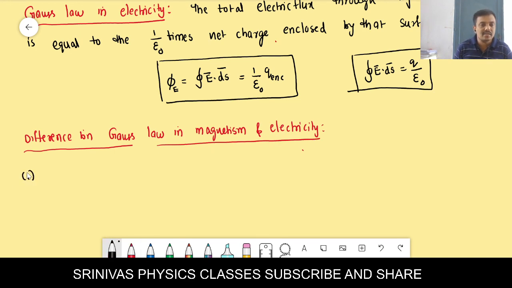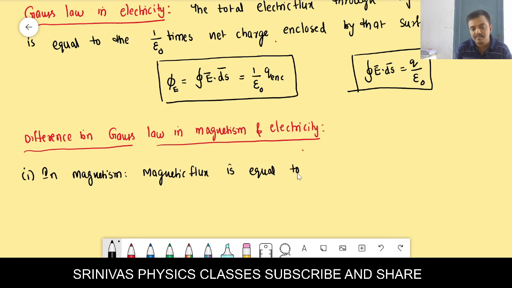The first point is that in magnetism, magnetic flux is always equal to 0. Why? Because isolated magnetic poles do not exist.